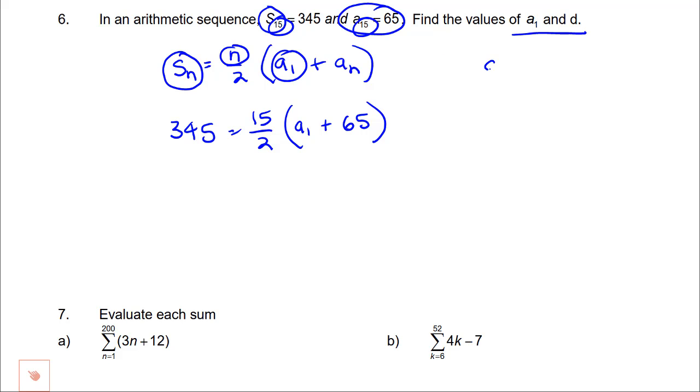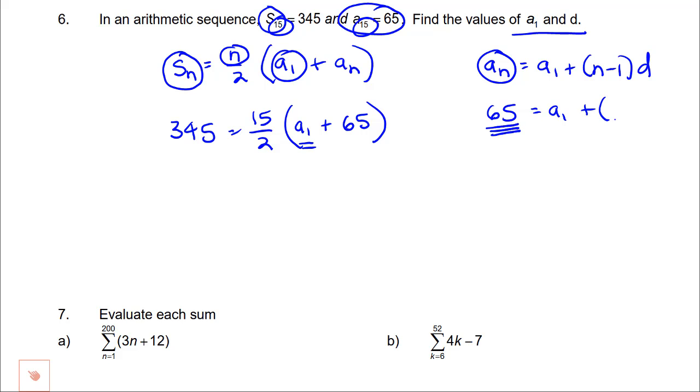So once you do that, then you take this formula, we know a sub n, that's going to be 65. In a moment, we're going to know a sub 1, aren't we? 65 is the 15th term. And now I'll be able to find d once I find a sub 1. So I'm going to find a sub 1 from this formula, and then I'm going to find d from this formula.